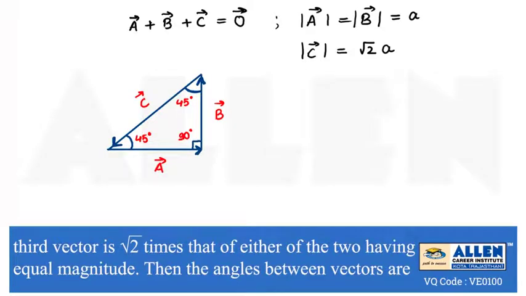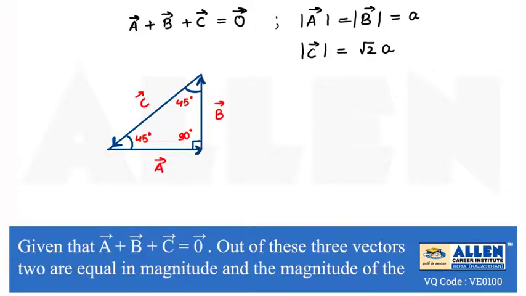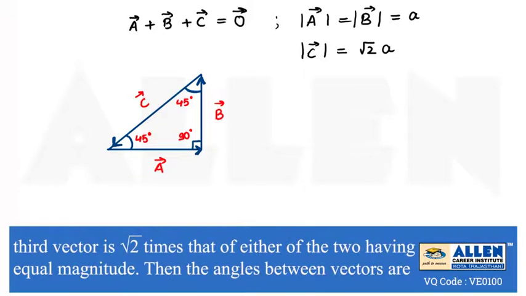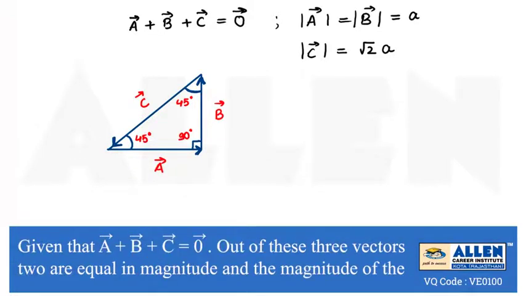Therefore we will see what the angle between the vectors is. Now we know, to find the angle between vectors, wherever they meet, there should be the tail of both vectors or the head of both vectors. But in this diagram, at each point one vector has its head while the other has its tail.